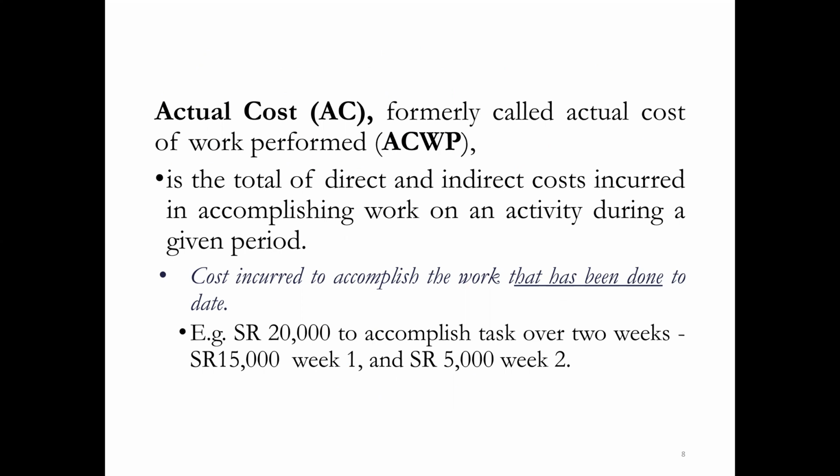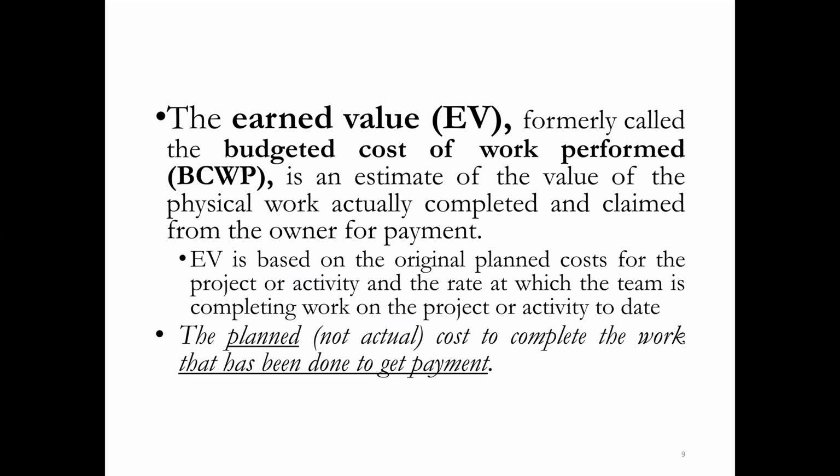It means we may spend Saudi Riyal 15,000 in week number 1 and Saudi Riyal 5,000 in week number 2. So the total cost is 20,000. We build the project by buying material from the market, we pay labor, we pay equipment, we pay our engineers and overheads. So this is the actual cost that we are spending on building the project based on the market prices.